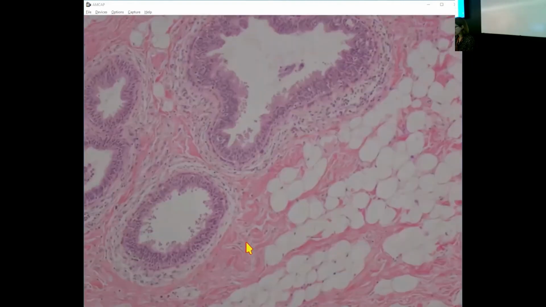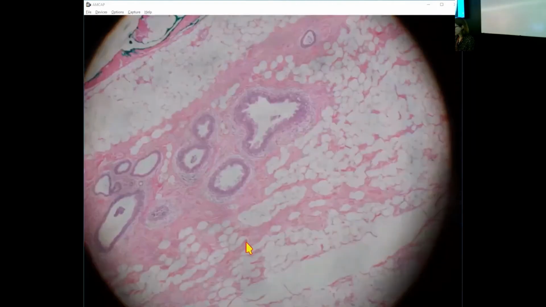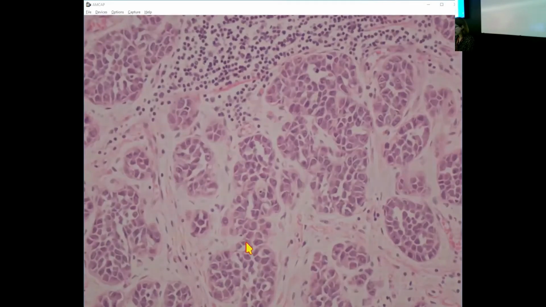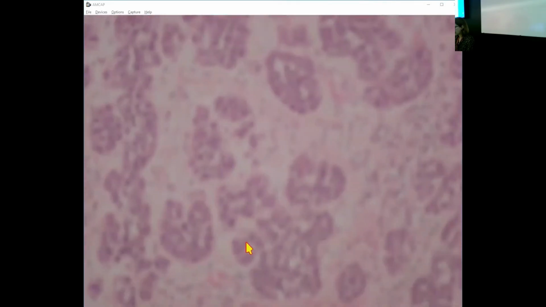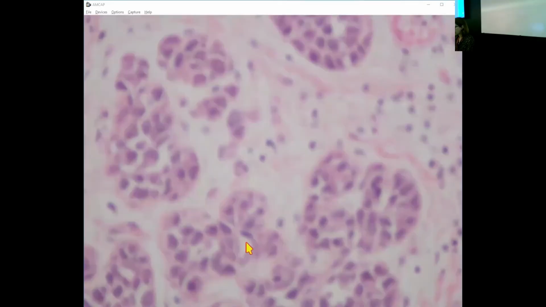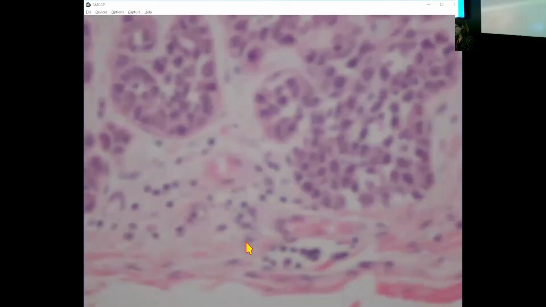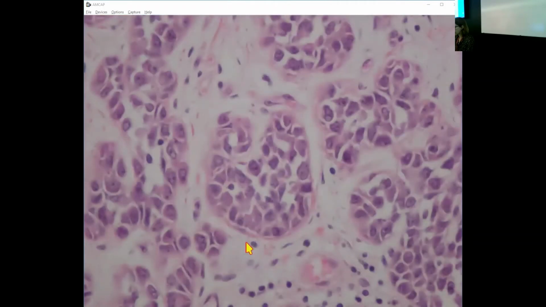Often in these pleomorphic LCISs, there are areas of classic LCIS as well. I know you'll have more examples of this tomorrow, but just to show you something that's in the differential diagnosis with high-grade DCIS.